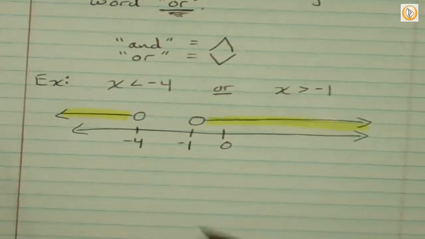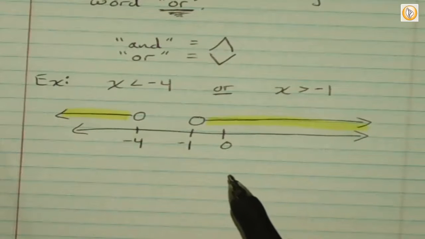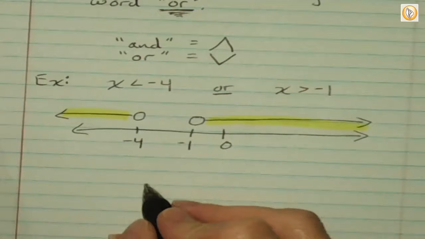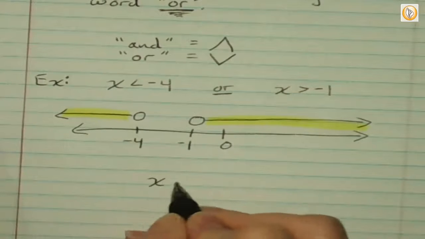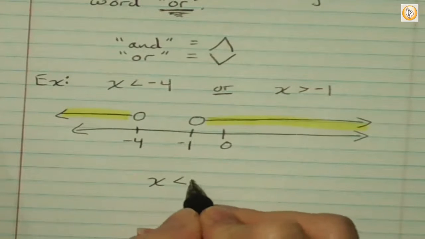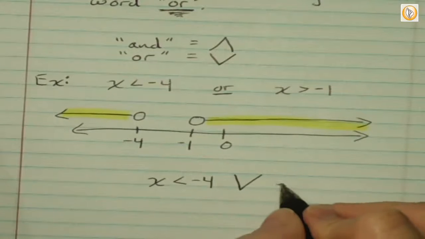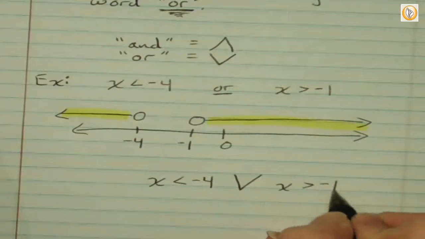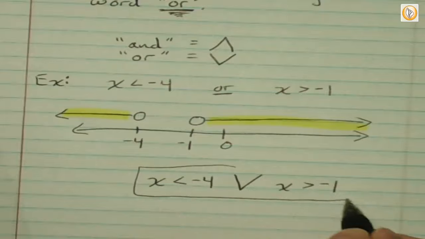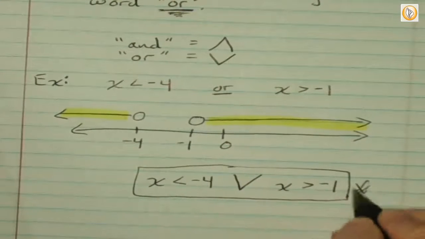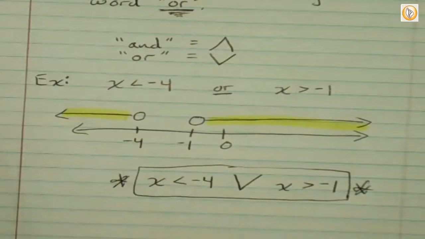Exactly. So this would be how you graph it, but your answer written would look like this. X is less than -4, or X is greater than -1. This is your answer. So the graph, that's how you always want it to look.